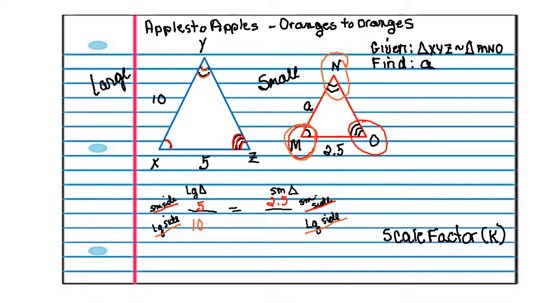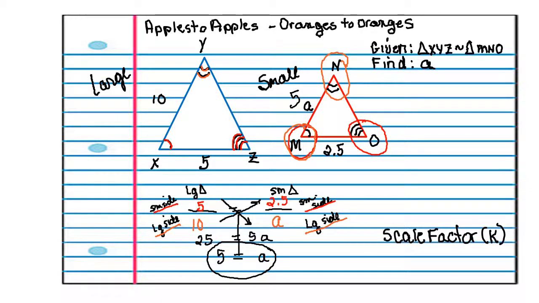And there's the 2, which is going to be A. So now we have a fraction equals a fraction, and all we have to do is cross multiply. 10 times 2.5 is 25. Quick math says move that decimal over, equals 5A. We divide out the 5 on both sides, and we see A equals 5. Okay, so A over here equals 5.